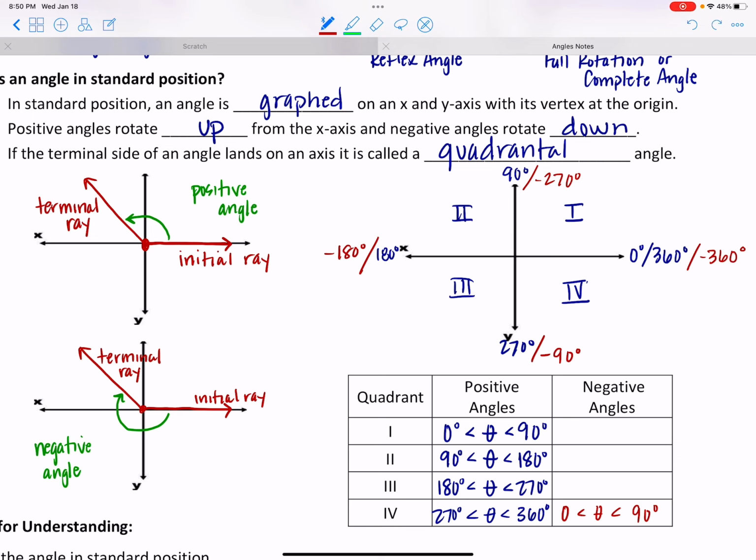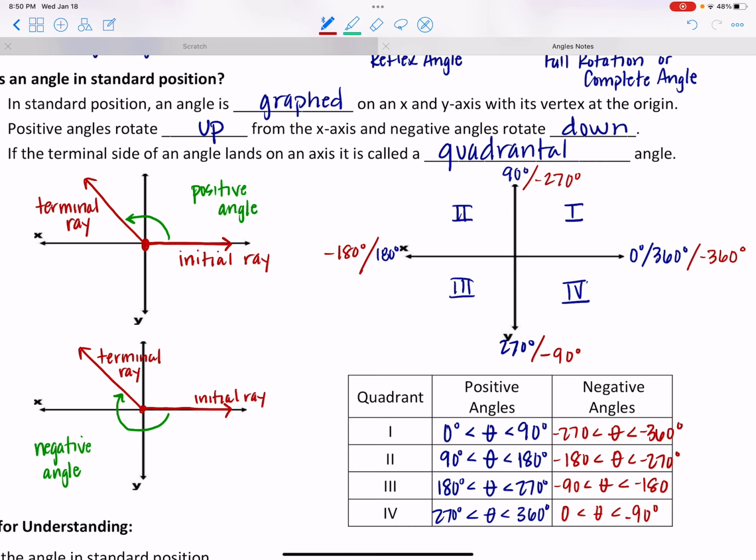If we're going to go from negative 180 to negative 270, then we're here. And then finally negative 270 to negative 360, then we're going to be here.